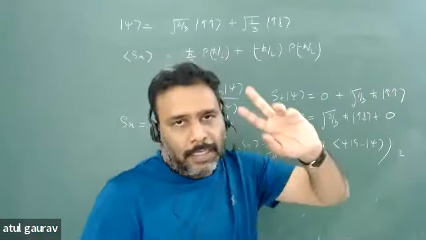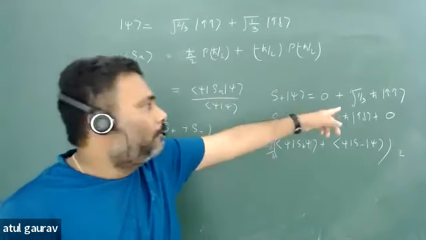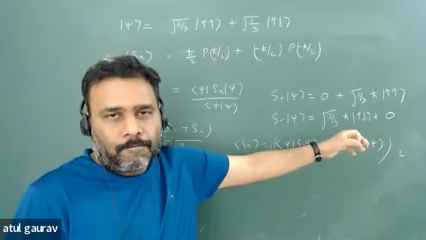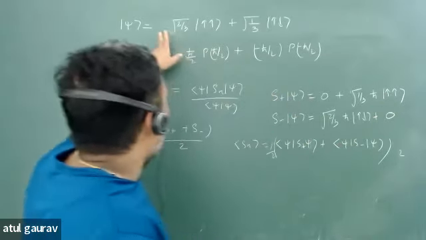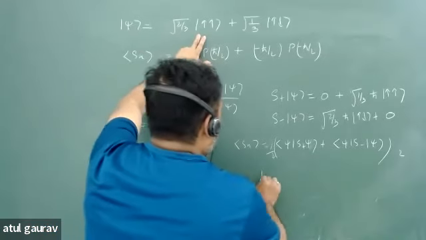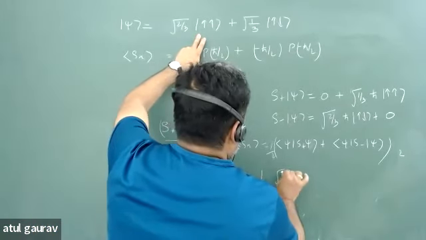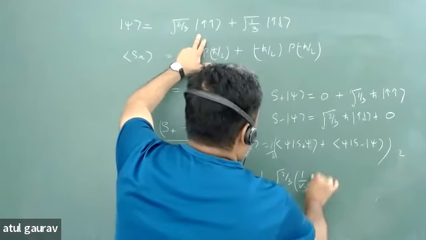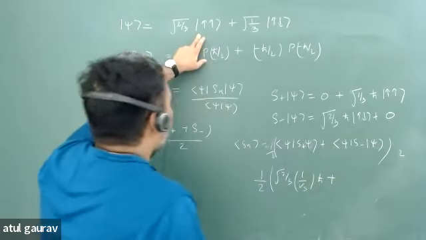You remember the angular momentum operator and the harmonic oscillator, where we use this trick everywhere. So what will you get? You will get 1 by 2 and you have root 2 by 3 into 1 by root 3 H cut.